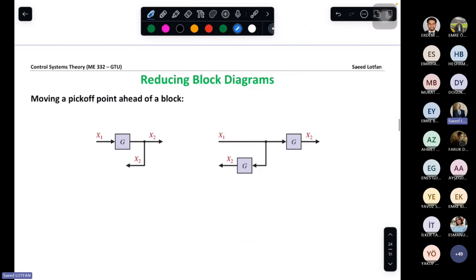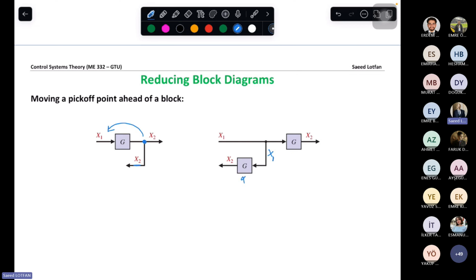Now, if I have this pickup point, and I am getting X2, and I want to move it to here, I should say that this X2 was seeing G. This one here is X1. In order to change it to X2, I have to put G here. Clear?